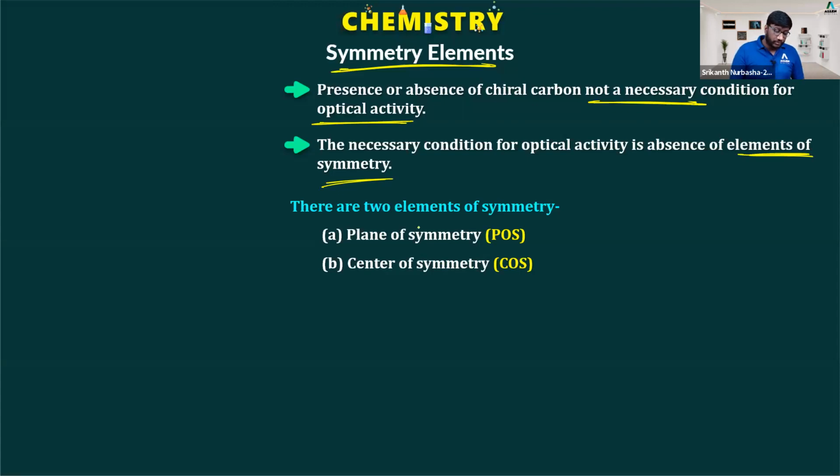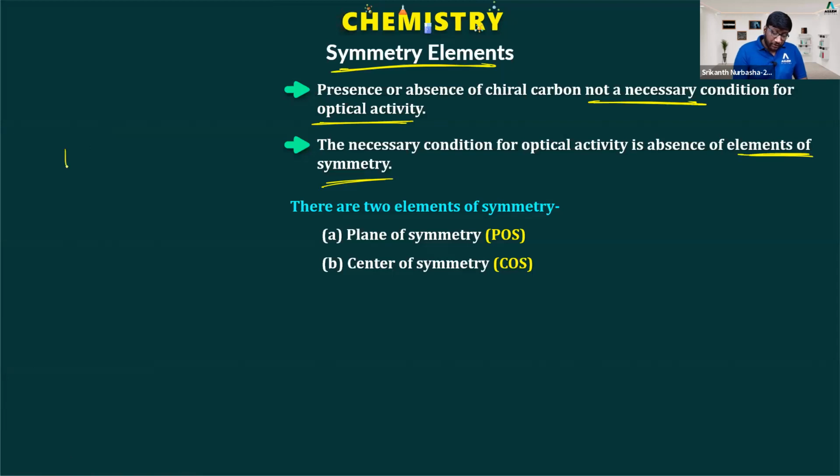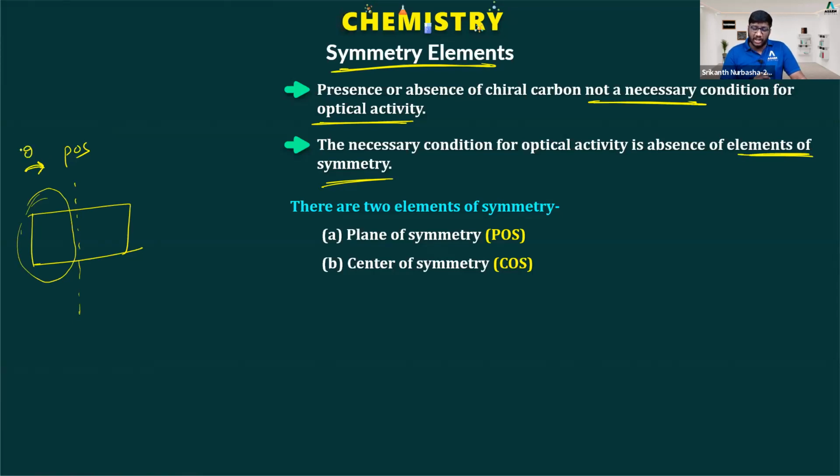Why? Consider a compound which has a plane of symmetry. If a molecule possesses a plane of symmetry, let us say this much is the bigger molecule and this is the plane of symmetry, then whatever part we have on this side can rotate the plane polarized light by an angle theta in the clockwise direction, let us say.